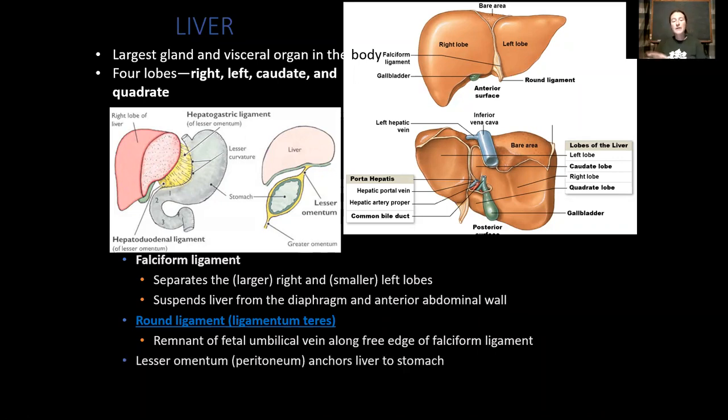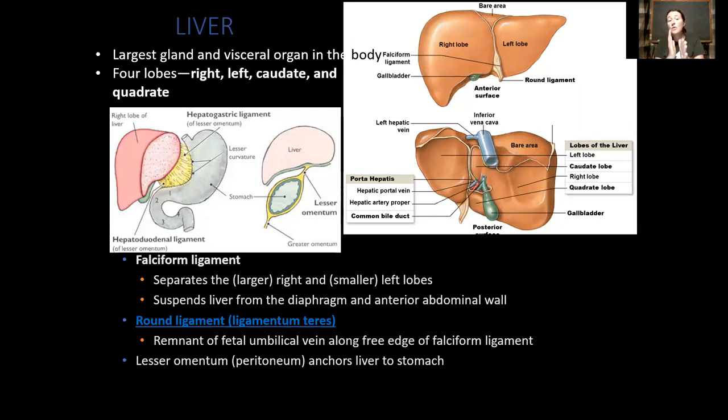Okay. Another structure that I want to point out is called the lesser omentum. Remember that the serous membrane within your abdominal cavity is called the peritoneum, and it is essentially going to wrap over the surface of a lot of the different organs. In this case, the peritoneum goes over the anterior surface of your liver, it goes over the posterior surface of your liver, and it joins together.